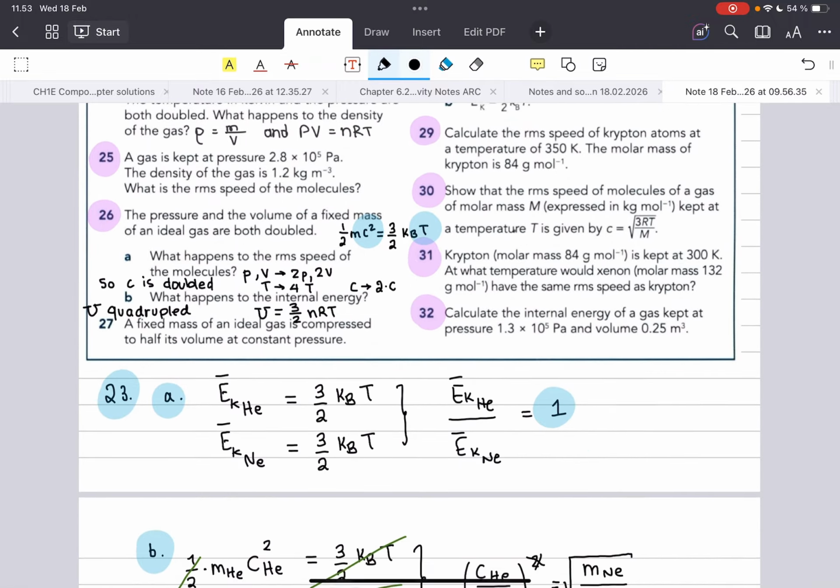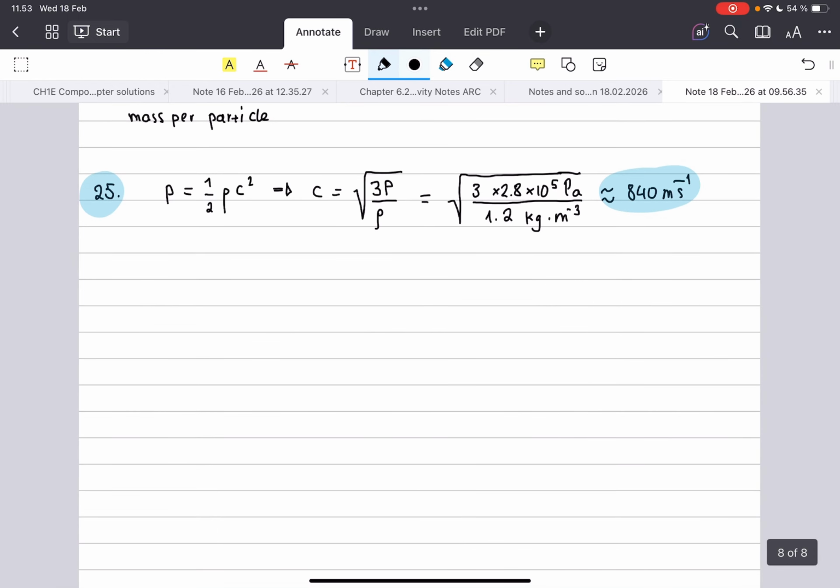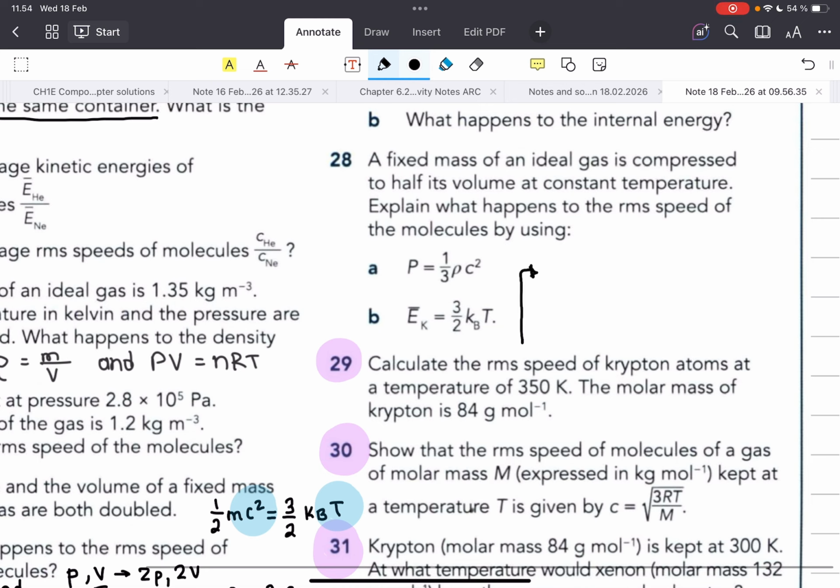All right, let's move on to question 29. Question 29 says, calculate the root mean square speed of krypton atoms at the temperature of 350 Kelvin, and it gives you the molar mass. I will just show you what I did before. Half times the mass times the root mean square speed squared equals 3 over 2 kBT.